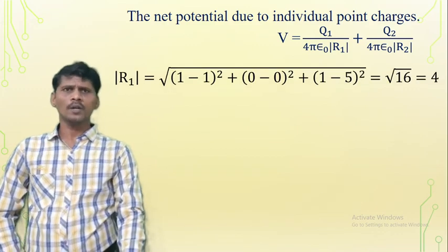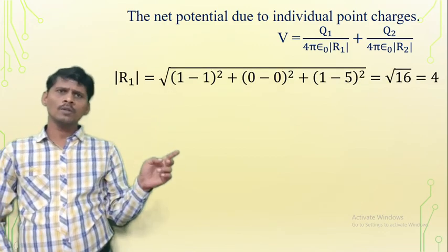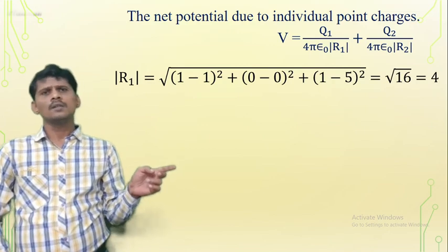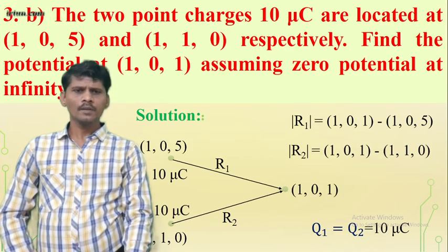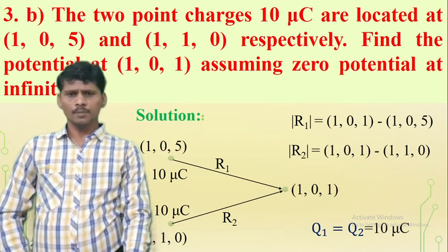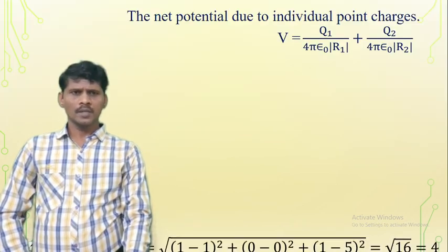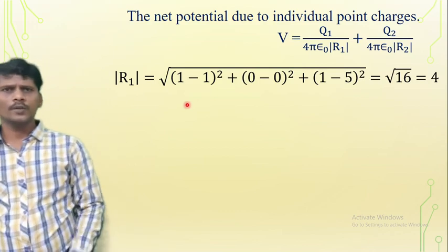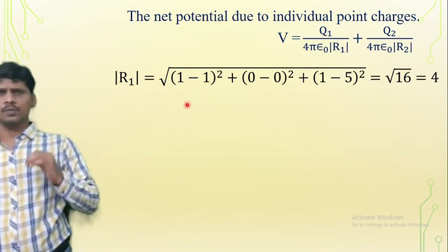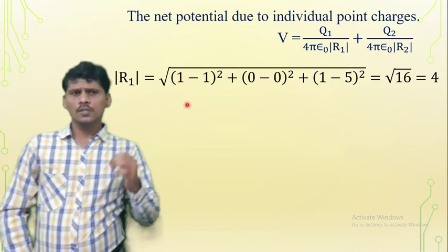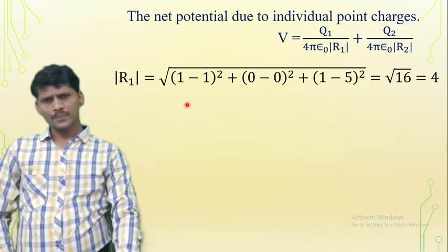So the magnitude of R1 is the 1, 0, 1 coordinate point minus the 1, 0, 5 coordinate point. So the magnitude of R1 is equal to square root of (1 minus 1) whole square plus (0 minus 0) whole square plus (1 minus 5) whole square, that is equal to square root of 16, which is 4.